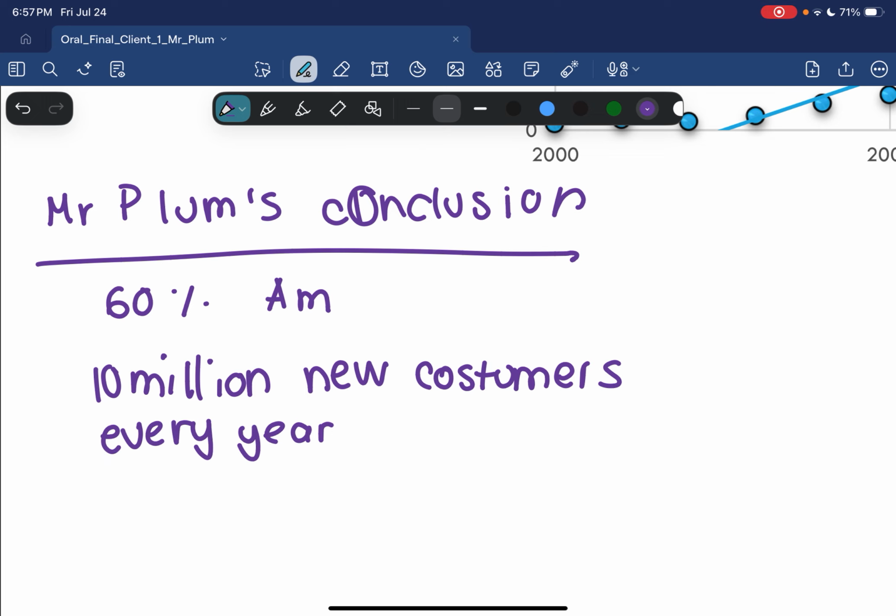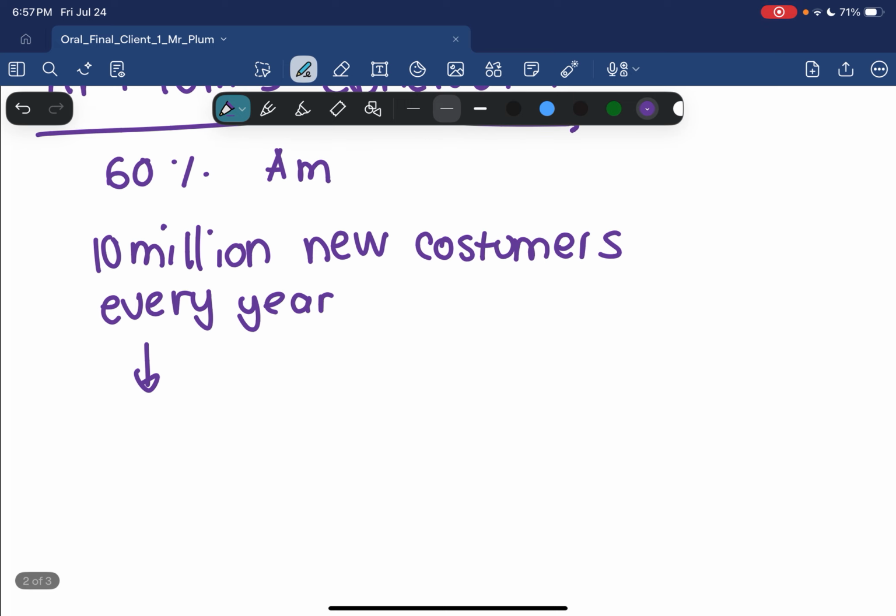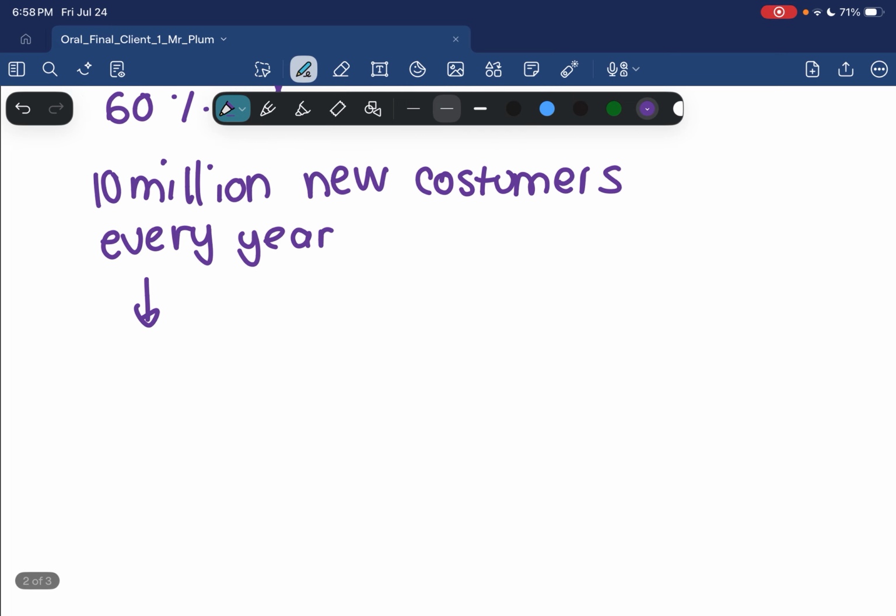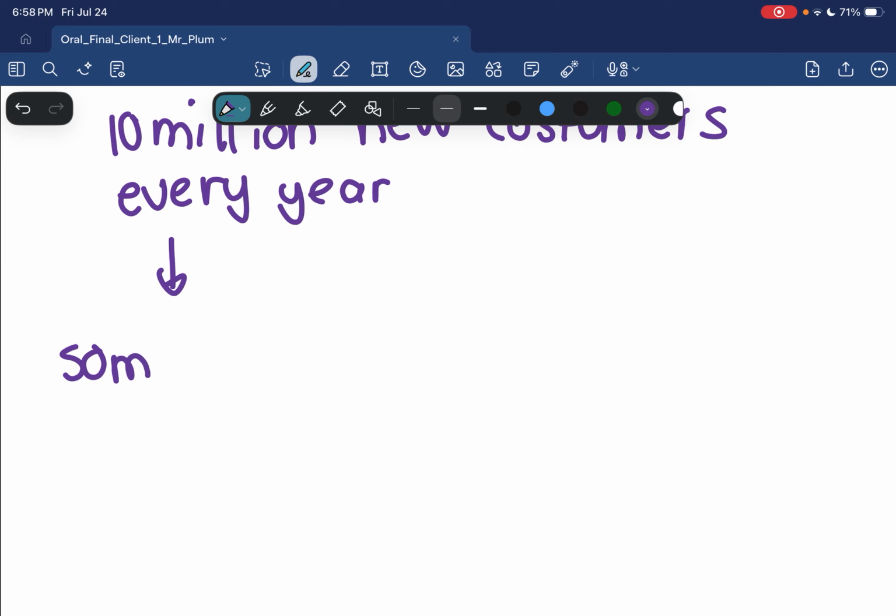Based on this reasoning, he predicts that about 50 million additional sales will happen in the next 5 years, and concludes that investing in this company is a slam dunk.